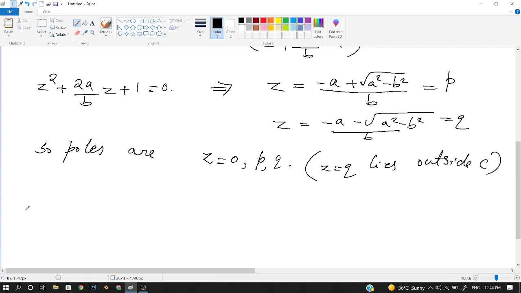So we can calculate the residues here. At first we calculate the residue R1 at 0.